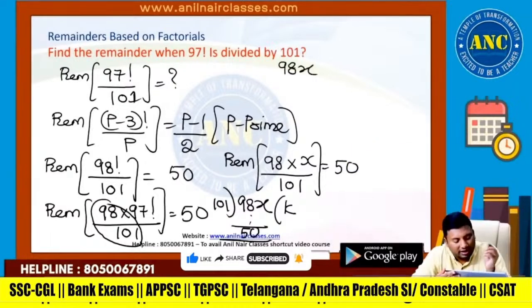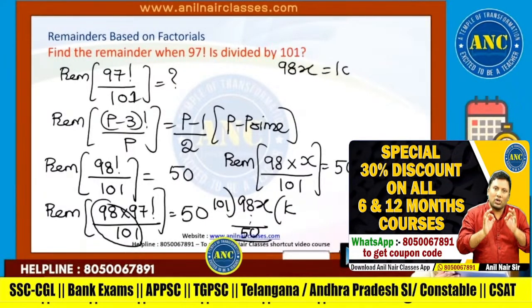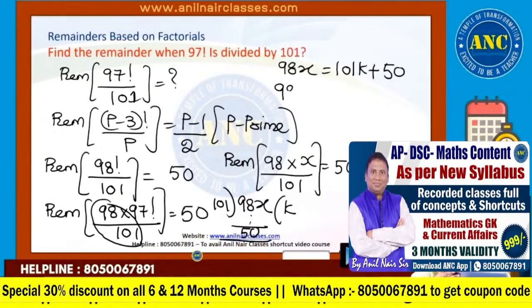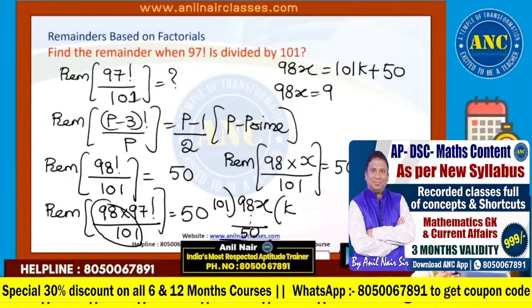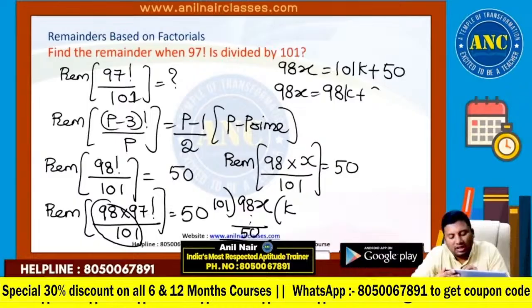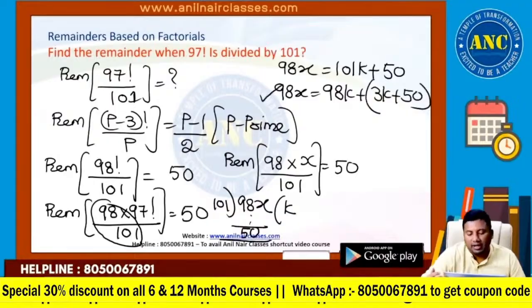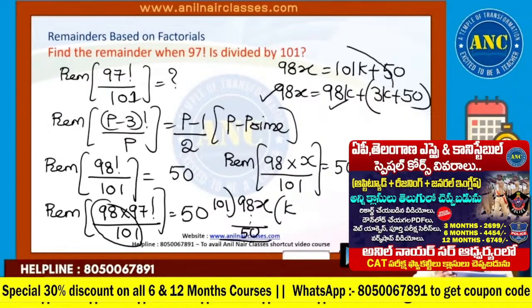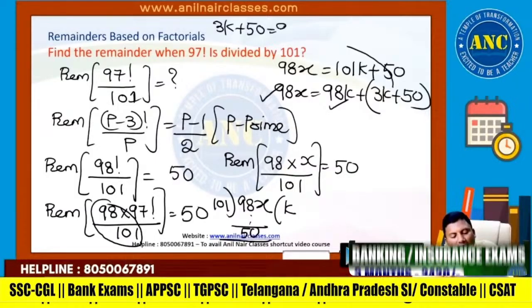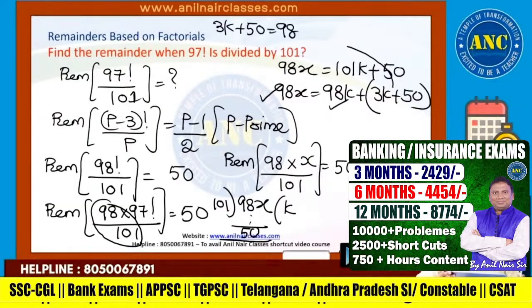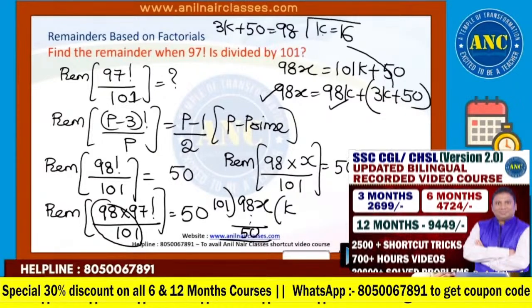So 98x equals 101k plus 50, which is 98k plus 3k plus 50. 98x is divisible by 98, 98k also divisible by 98, so 3k plus 50 should be divisible by 98. So k value will be 16.